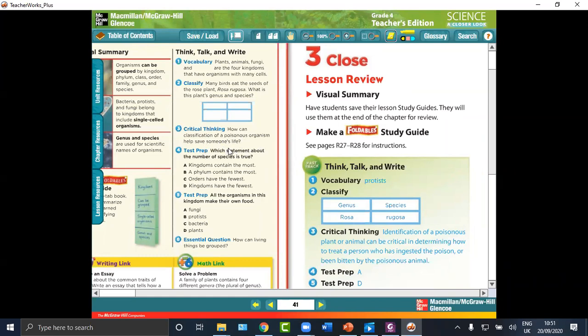Identification of poisonous plants or animals can be critical in determining how to treat a person who has ingested the poison or been bitten by the poisonous animal. You can transfer the answers.